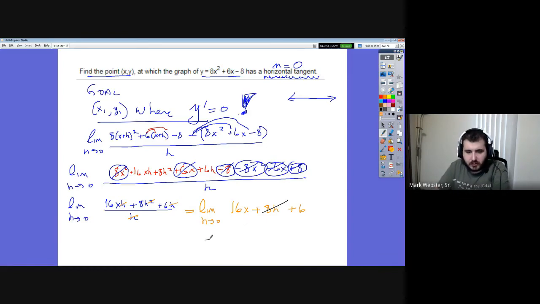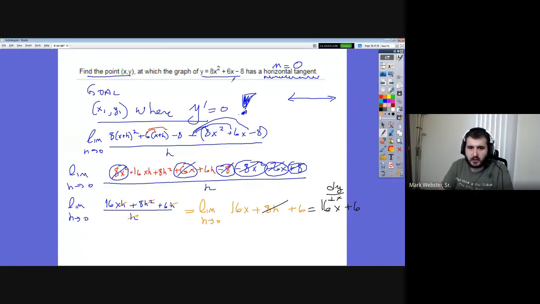So now look, our answer for the slope part here, 16x plus 6. This is our dy dx. So we're going to figure out where that has a horizontal tangent line.